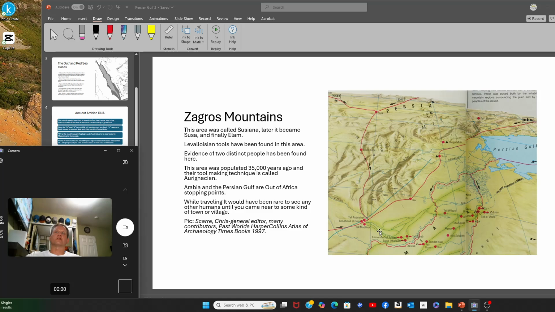The Zagros Mountains. So on our map here, if you see my cursor, this is the Zagros Mountains here in the north part of the map. And here's a lot of ancient sites. We see Susa here, and the western part of Sumer.